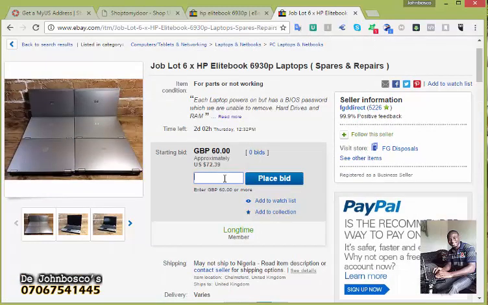Okay. When you place this bid now, it asks us to sign in. What happens is that the system reserves it for you, and you are the one who will buy it.